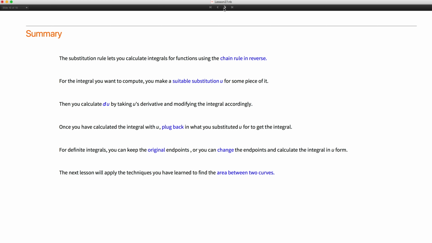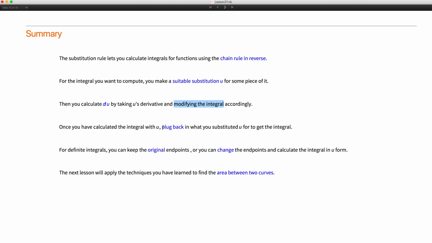So that brings me to the end of this lesson, and the main point is the substitution rule lets you calculate integrals using the chain rule in reverse. So this rule is essentially a reverse chain rule. So what you do is you always begin by making a substitution u, a suitable one, then you find du and modify the integral as required.